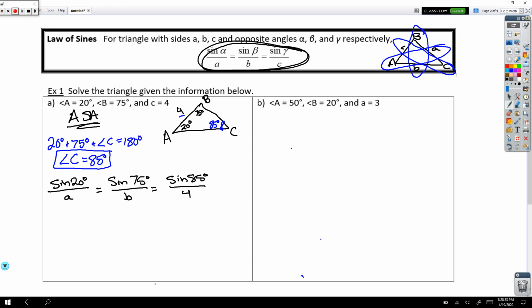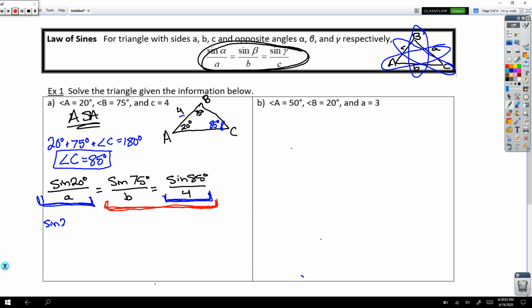So there's my completed ratio, and I'm going to use that twice to find A and then to find B, so it's going to be like 2 separate problems. The first problem, I'm going to set this fraction equal to this fraction, and then solve. And then the second part of the problem, I'm going to set these two equal to each other and solve. Okay? So let's go ahead and do that.